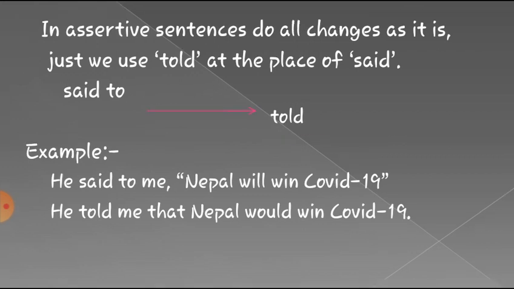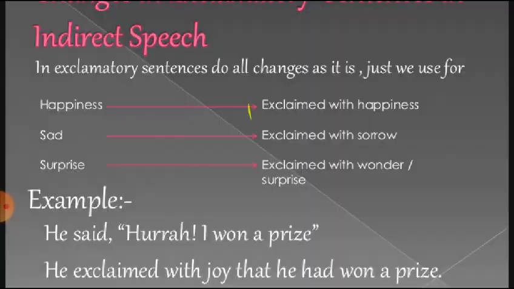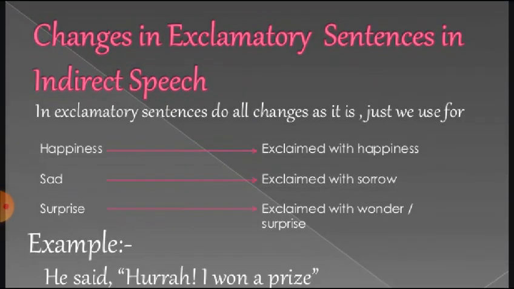So now let's talk about another type of sentence, and this another type of sentence is exclamatory sentence, or changes in exclamatory sentence in indirect speech. So whenever changing exclamatory sentence into indirect speech, then what you should do, try to listen carefully.